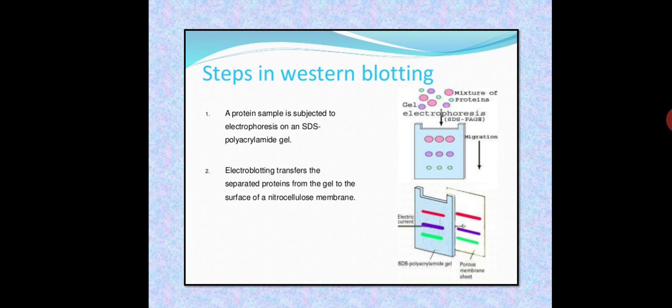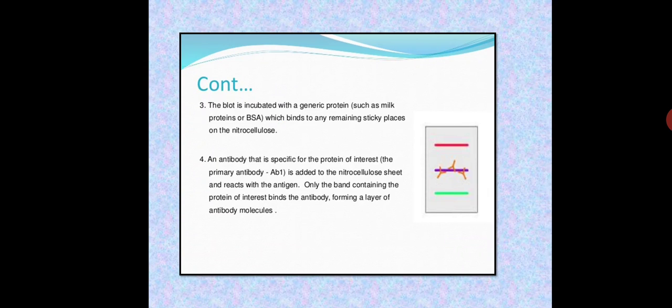Why will it stop? Because the gel consists of polyacrylamide that is cross-linked with each other, so pores are formed in that matrix. So if the protein size is larger, it will not be able to migrate; it will stop somewhere or get attached in that pore. And the smaller protein will migrate fast. So that is the simple principle of how protein molecules are separated by SDS-PAGE.